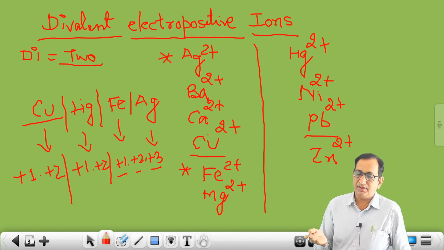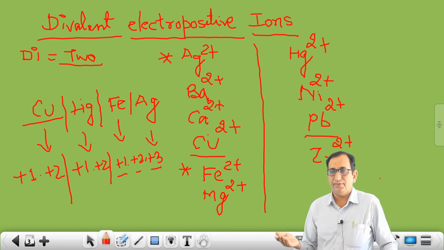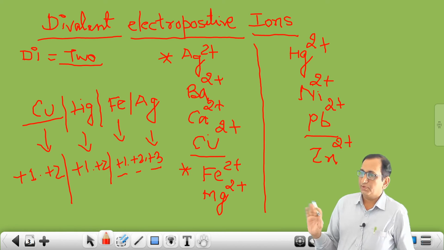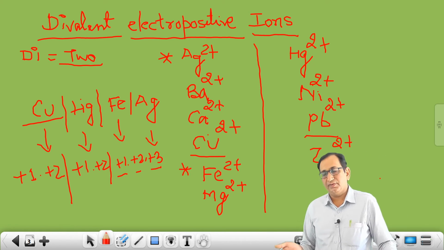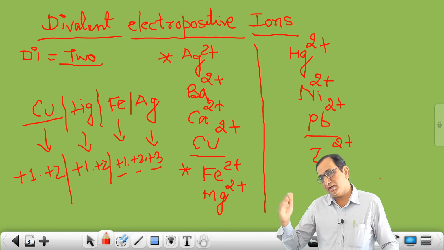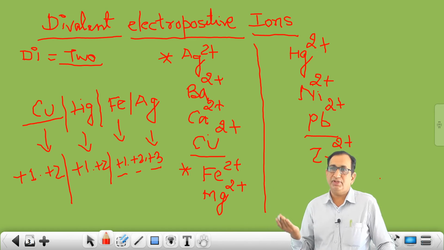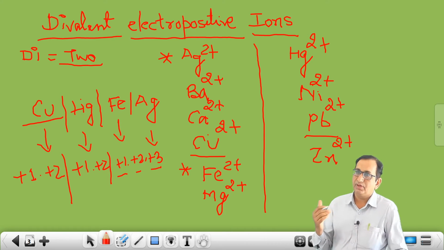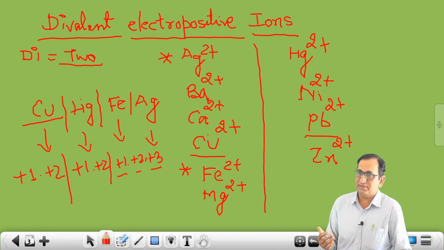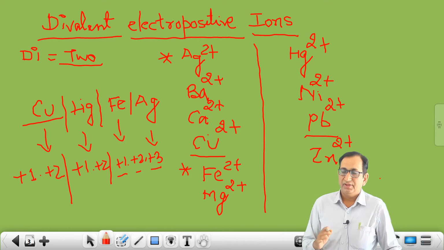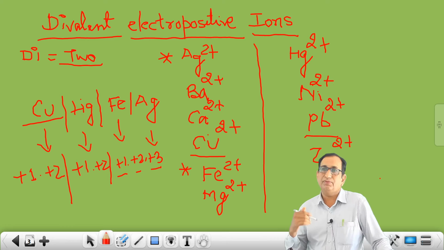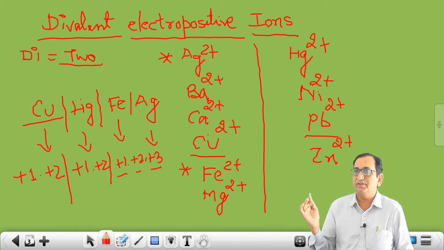So like this we can write. If more than one valency is there, as I have told you, suppose 2 valencies are there, one is 1 and the other is 2. So for the lower one we add the suffix us, and if the valency is higher, like 2, we add the suffix ic.